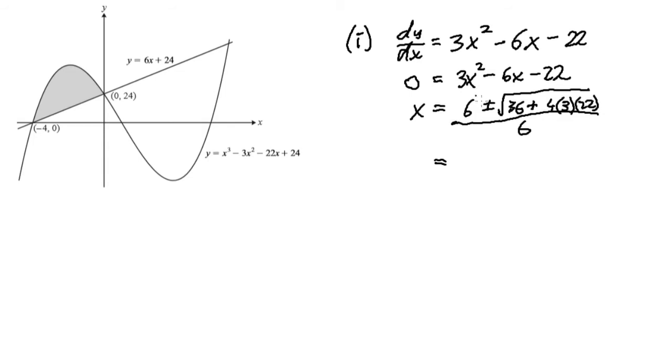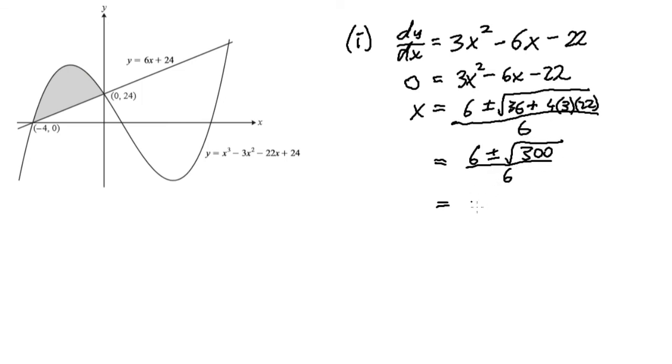Now this one, the root, when you type it in your calculator, is 300. So 6 plus or minus the root of 300 over 6. And so the root of 300 is also 10 root 3, sorry.